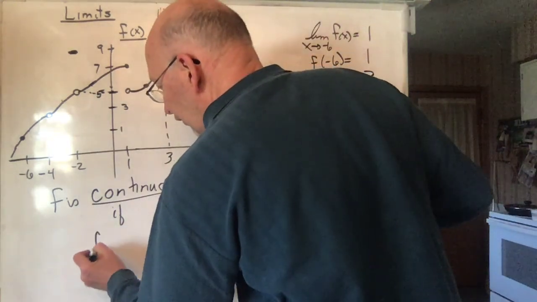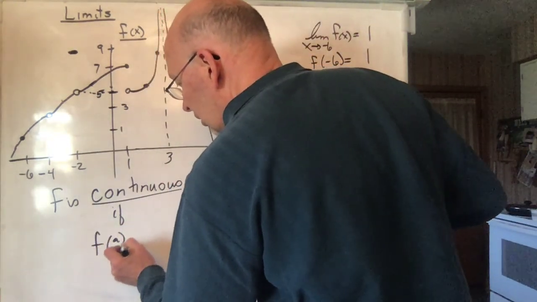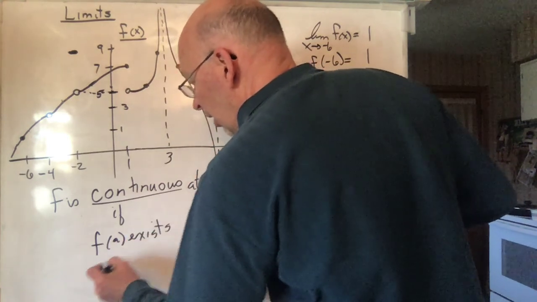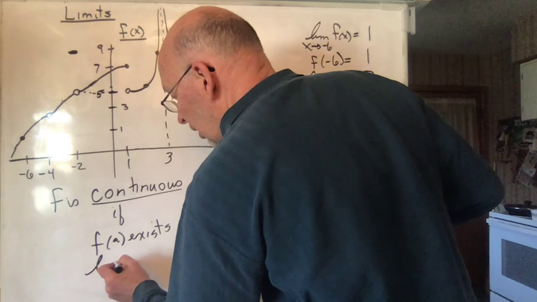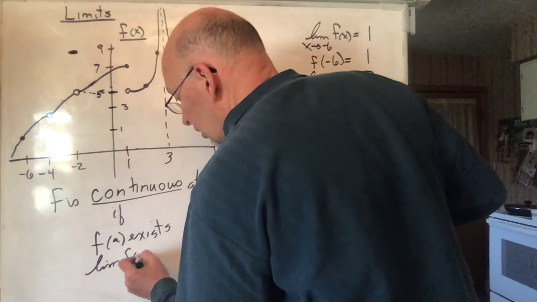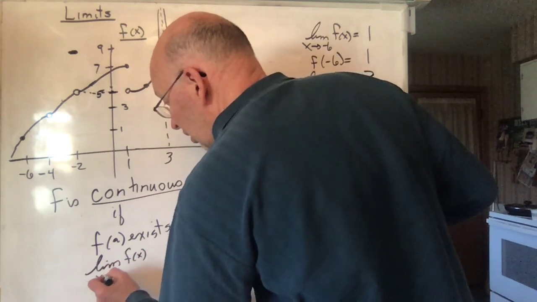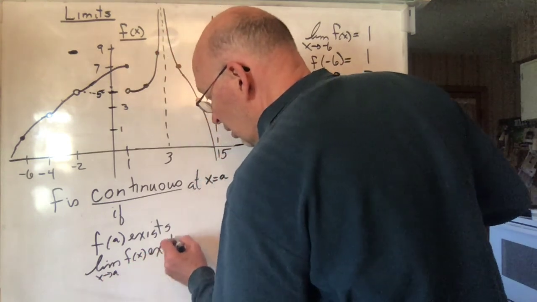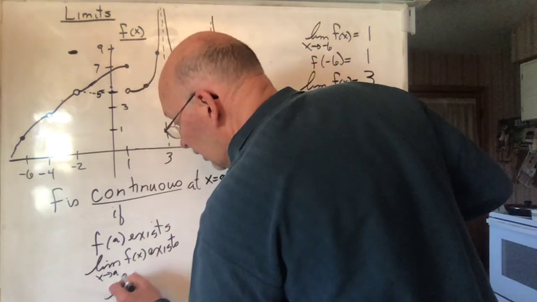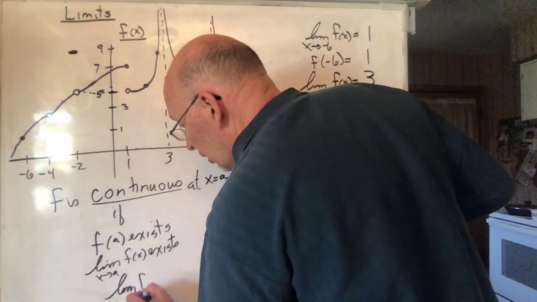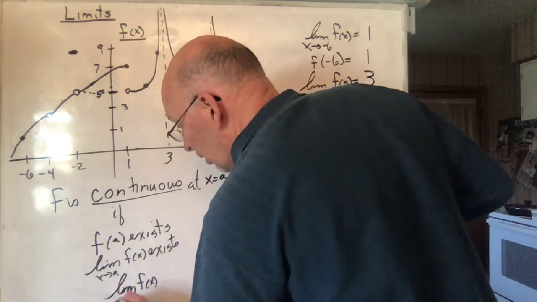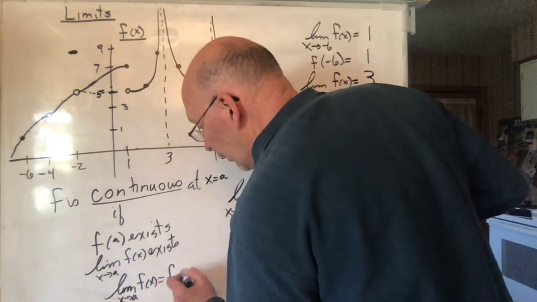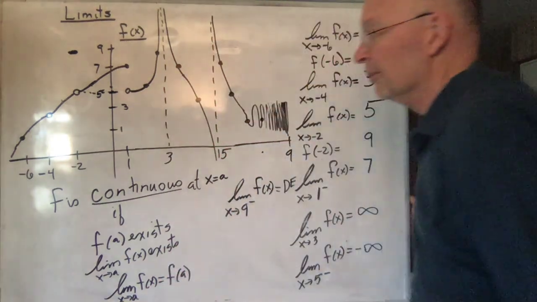The value of the function has to exist. The limit has to exist. And finally, the limit has to be equal to the value of the function at a.